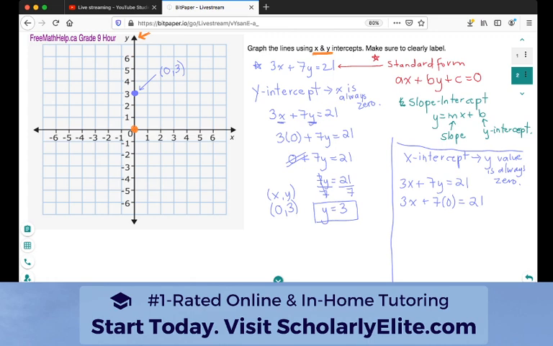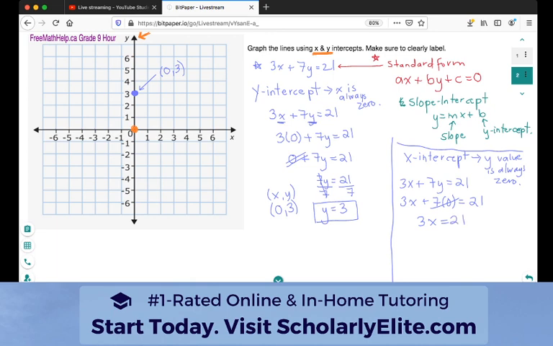So now that we've plugged in y as 0, we're going to solve for x, because that's really what we're looking for, the x-intercept. Well, that's easy enough. We just know that 7 times 0 is 0, so that's going to cancel. And we're left with 3x equals 21.